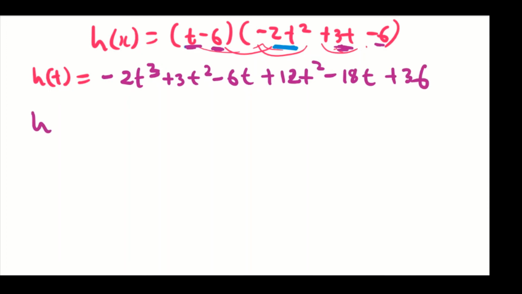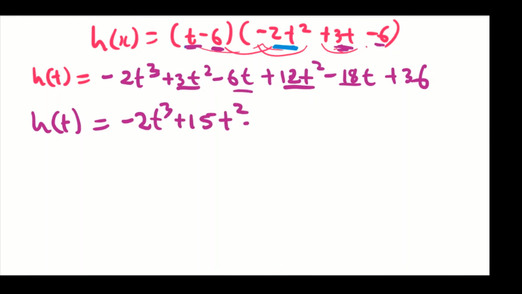Collect like terms: h of t equals minus 2t cubed, plus 15t squared, minus 24t plus 36. So this is your h of t.